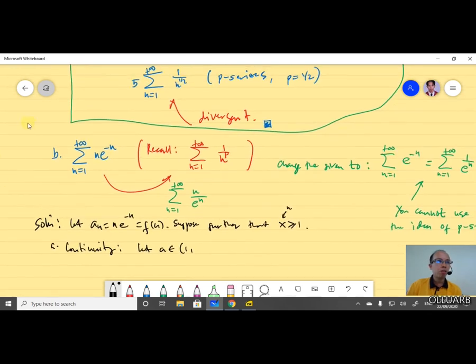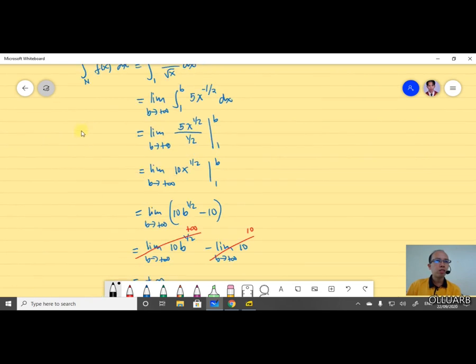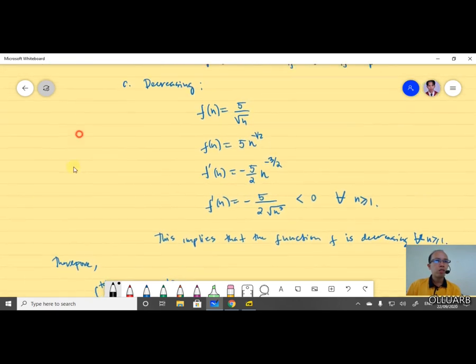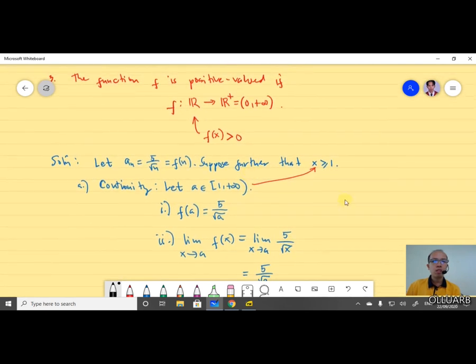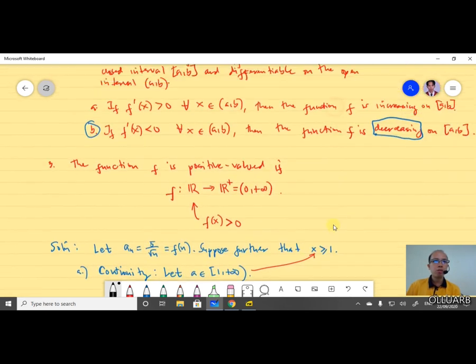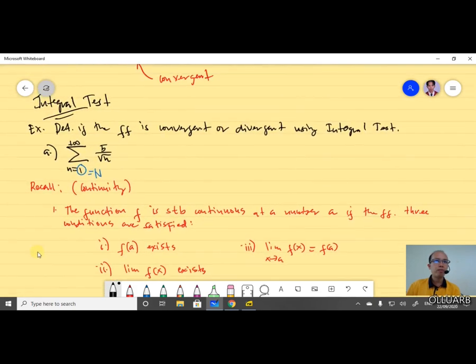Can we look again at the definition? What did I write? Above, x is greater than or equal to 1. Let me check the definition.